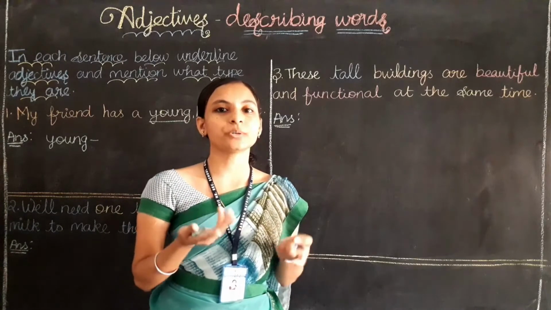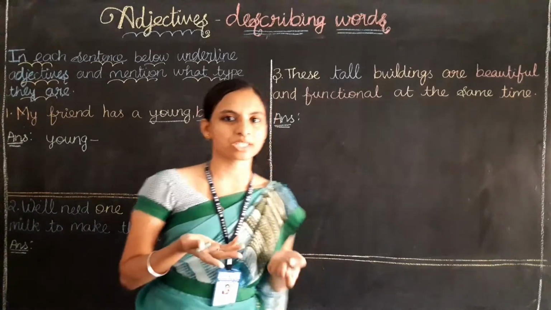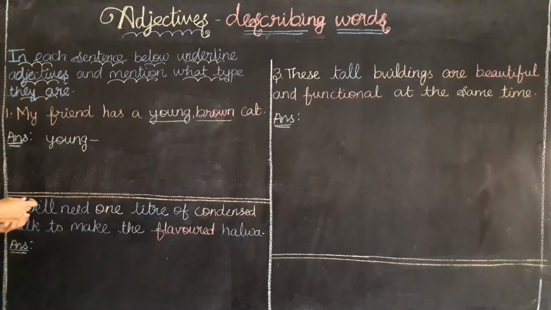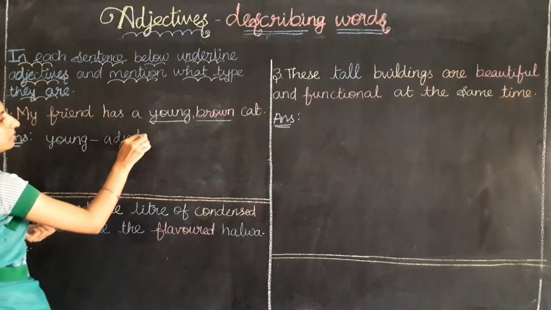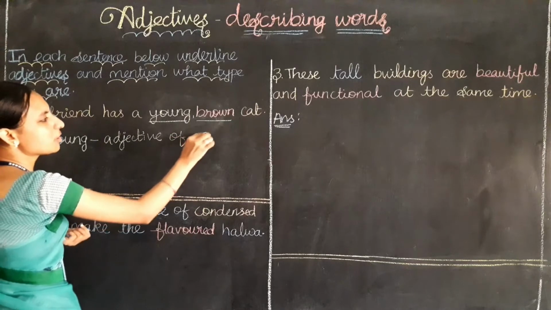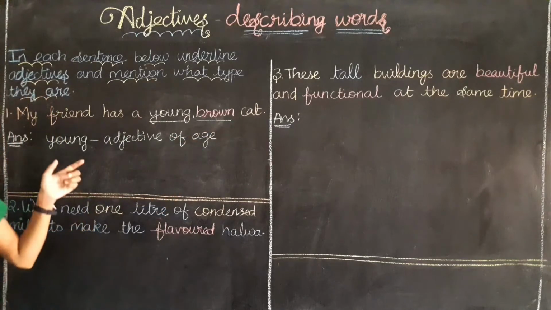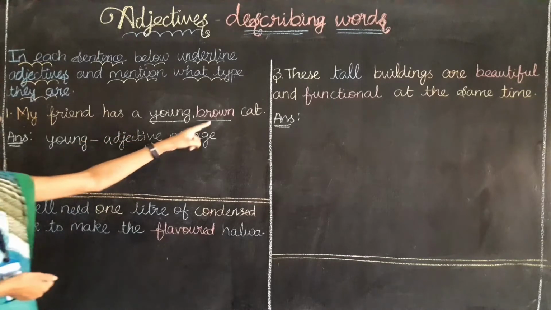Am I right? So here we are going to write this. This is the adjective of age, because it talks about the age only. Am I right? So let's go for the second word, that is brown.